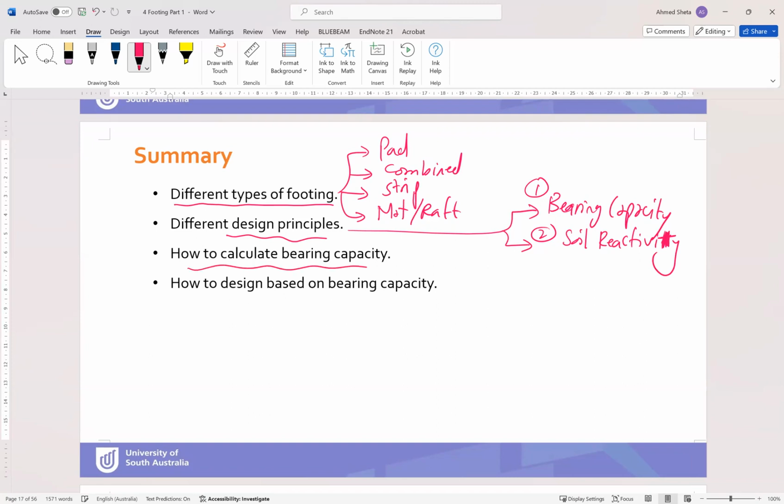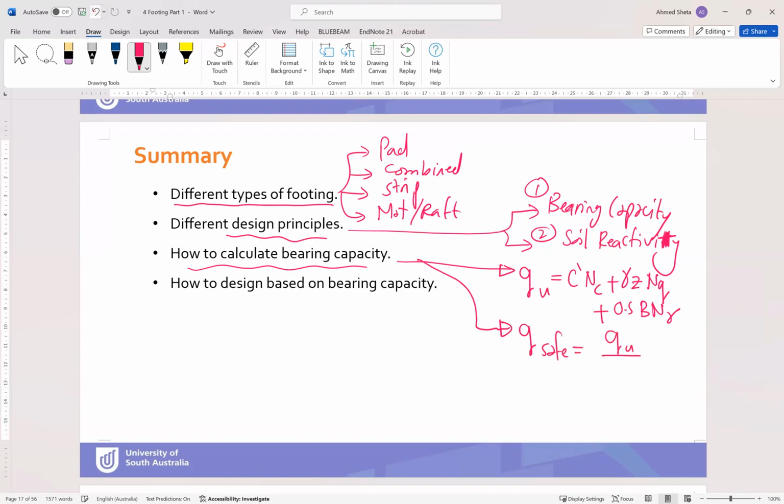And also we learned about how to calculate the bearing capacity. So the bearing capacity equation, Q ultimate, again equals C dash Nc plus gamma Z Nq plus 0.5 B N gamma. And we know about Q safe equals Q ultimate over a factor of safety, which is between 2 to 3.